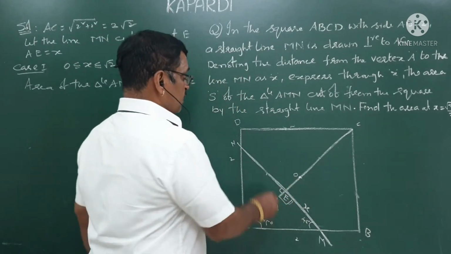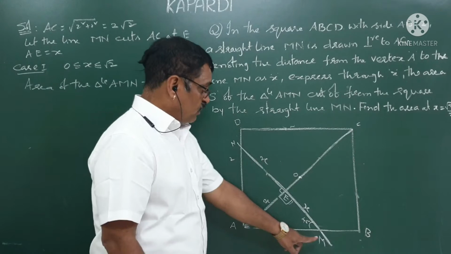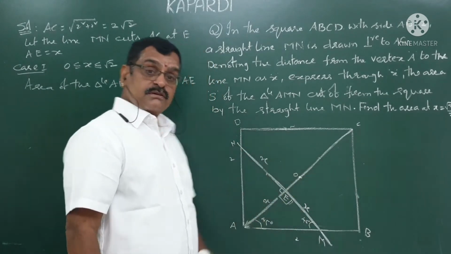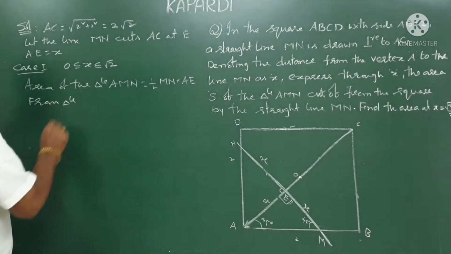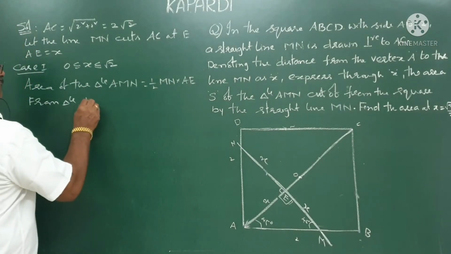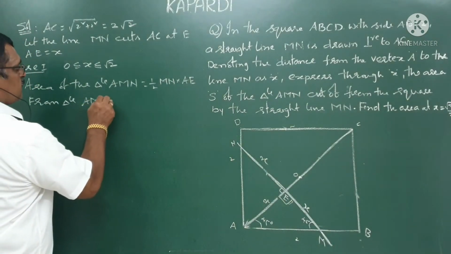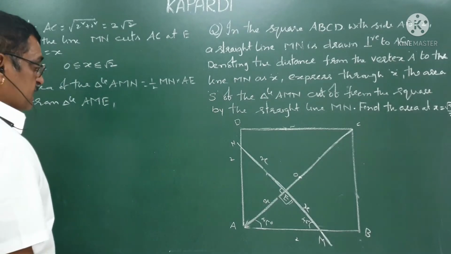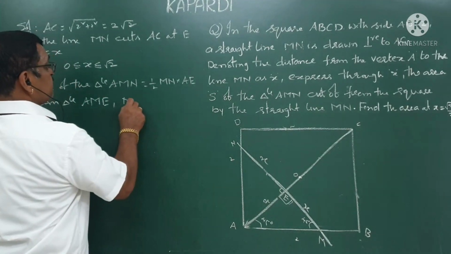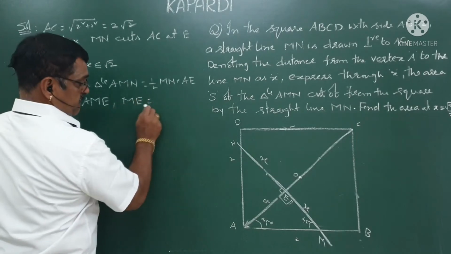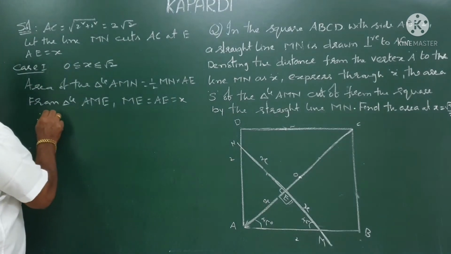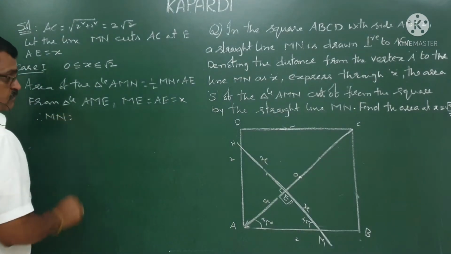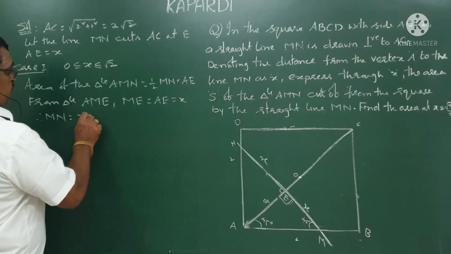When this is equal to x, automatically this is also x. Therefore, my MN length will be 2x.